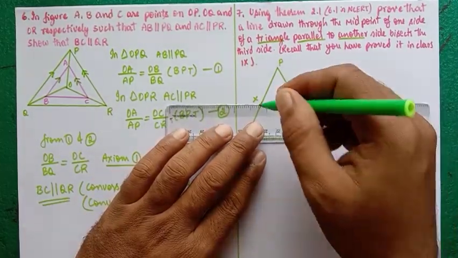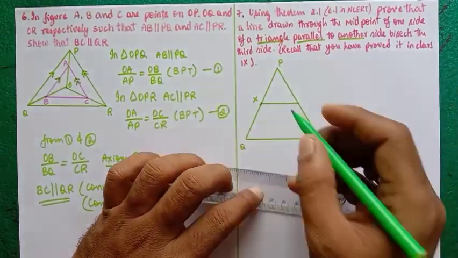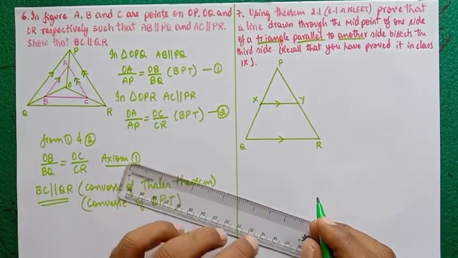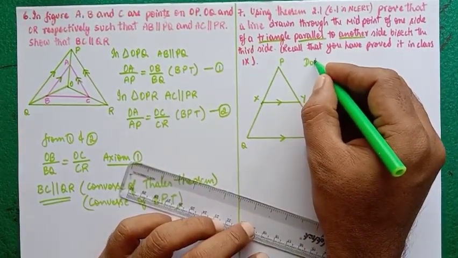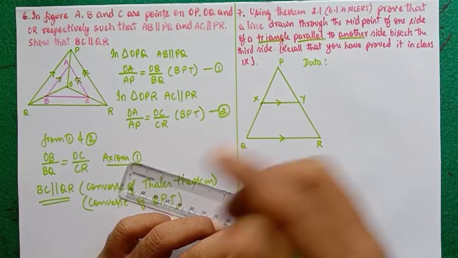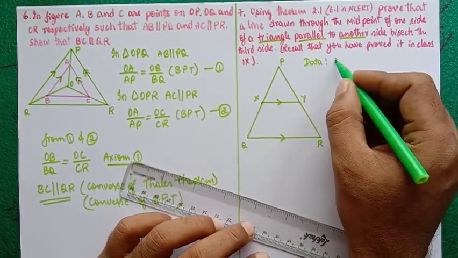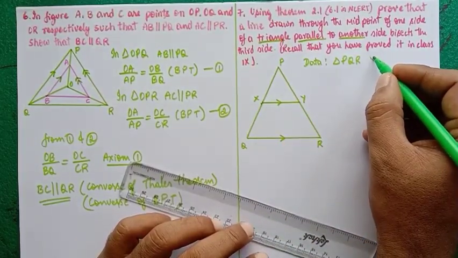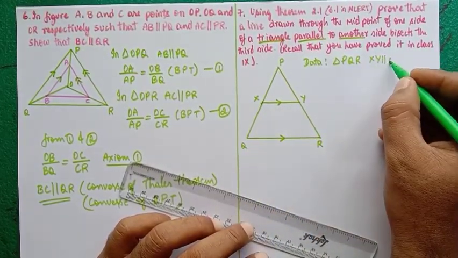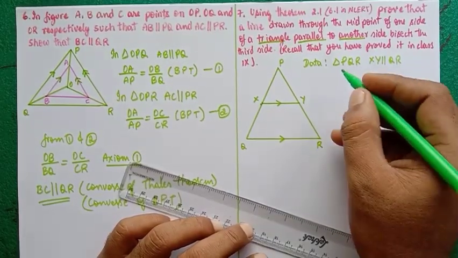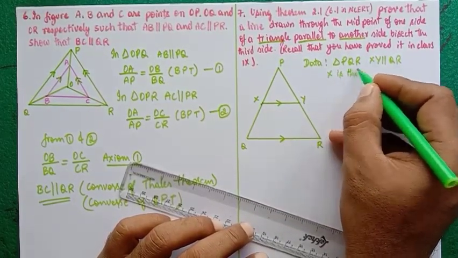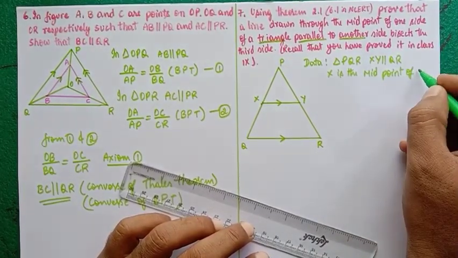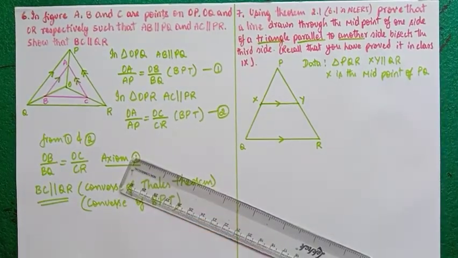Let the line parallel to QR through X meet PR at Y. So the data is triangle PQR and XY parallel to QR, which is given, and X is the midpoint of PQ.